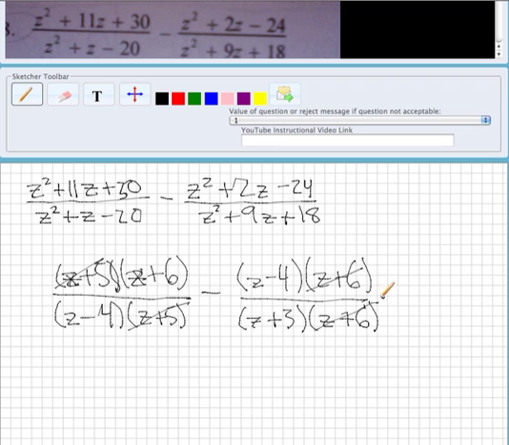So we're going to multiply z minus 4 on the bottom and z minus 4 on the top. Oops, I'm sorry, z minus 4. And then over here, we're going to do z plus 3. And then we have a common denominator. The common denominator is going to be z plus 3, z minus 4. And then z plus 3 on top.